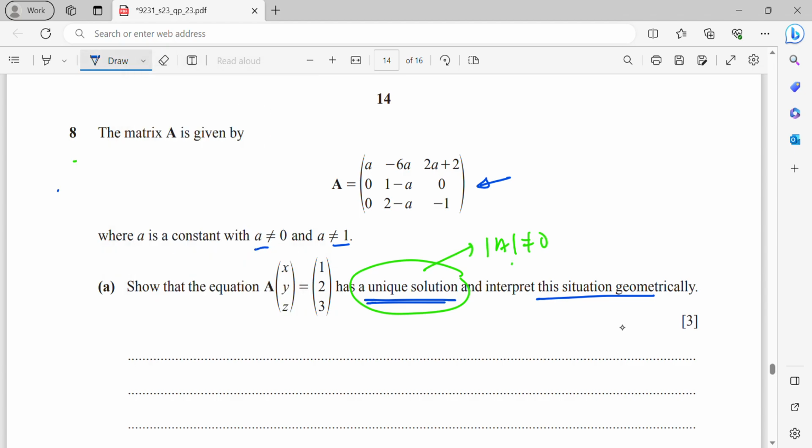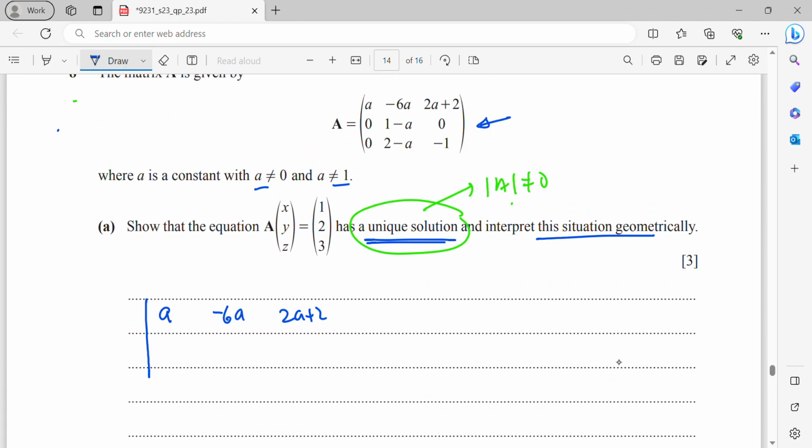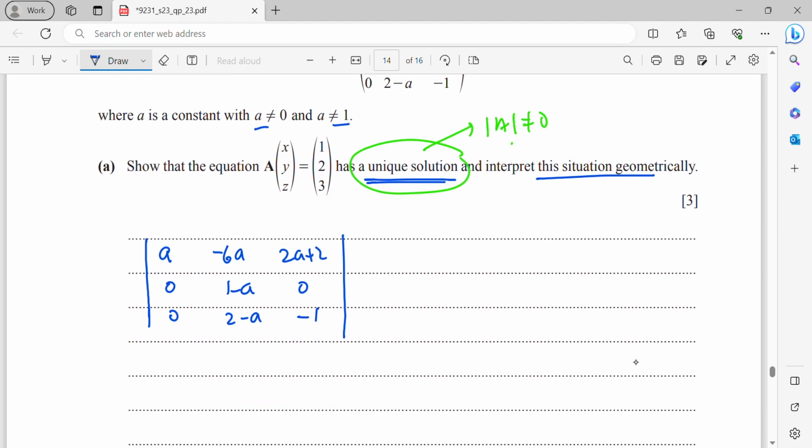So determinant of A, I need to count the determinant first. So here 0, 1 minus a, 0, 0, 2 minus a, minus 1. To count this determinant, I will fix the first column because it has 2 zeros.